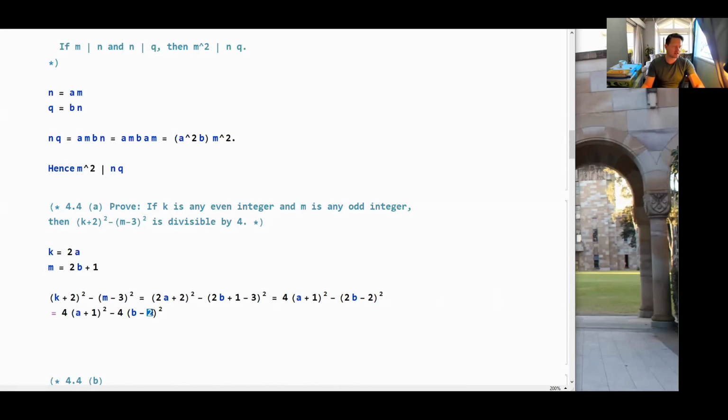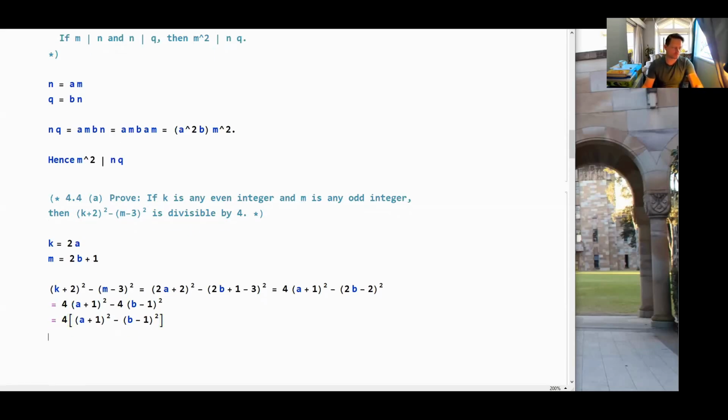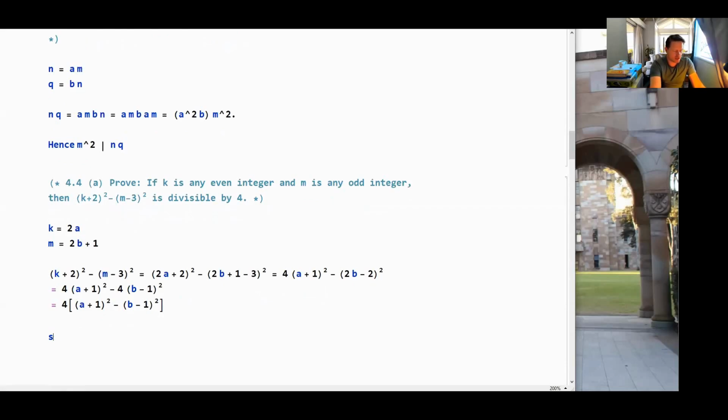And by now you can see that we are finished, because this whole thing is divisible by 4. In other words, I can put a big square bracket on the outside and factorize that 4 out. What's inside that square bracket is an integer. So we'll say this is divisible by 4. Good, so that one's done. Let us know if I'm going too quickly.